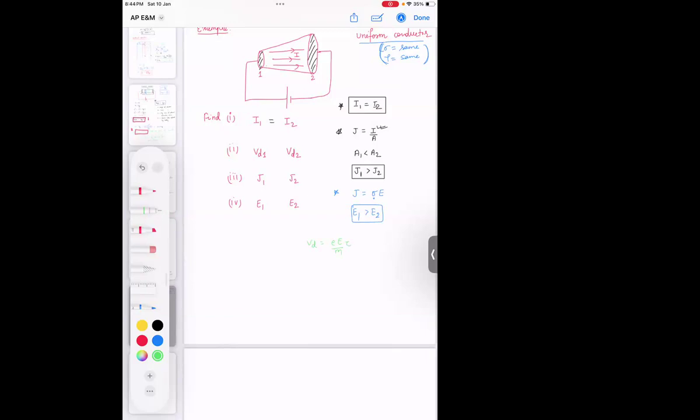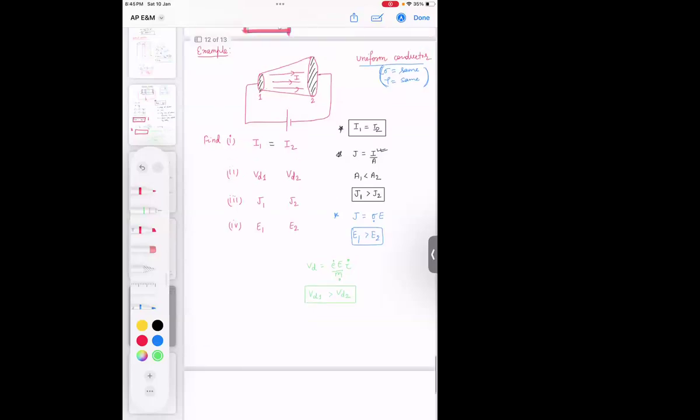E is not changing, tau is not changing, M is not changing. The drift velocity is directly proportional to E. So E1 is greater than E2. So can I say drift velocity at 1 will be greater than the drift velocity at 2? So these are the things they ask in this question. For this conductor, you just needed to understand what are the different types of relation involved in this question to answer it. Tell me, is this part clear or not?